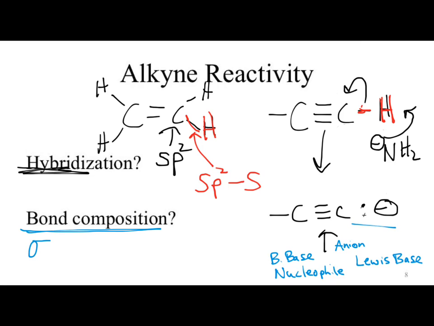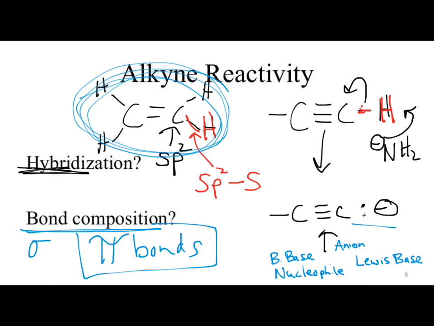We've got sigma bonds and pi bonds. Where else have we seen pi bonds? In the alkenes. What did we just spend the last 3 lectures going over? Alkene reactivity. How do you think the alkynes are going to react? Pretty much the same. Okay?